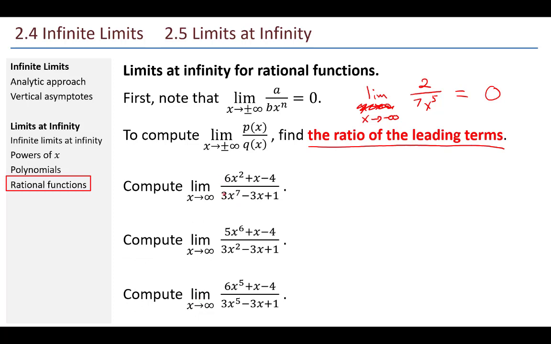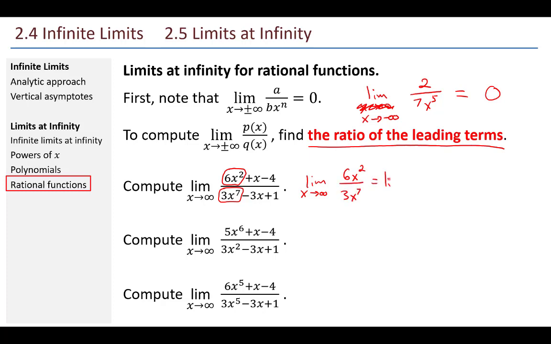And see, in this first example, on top, the leading term is 6x squared. On the bottom, the leading term is 3x to the 7. So, limit as x goes to infinity of 6x squared over 3x to the 7.